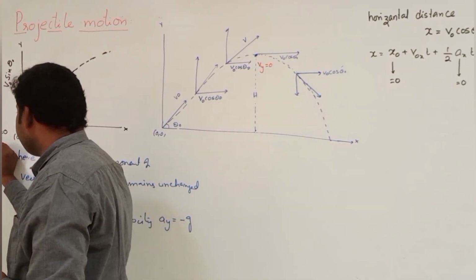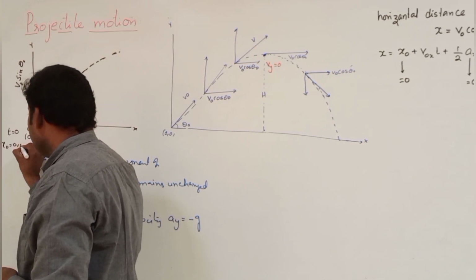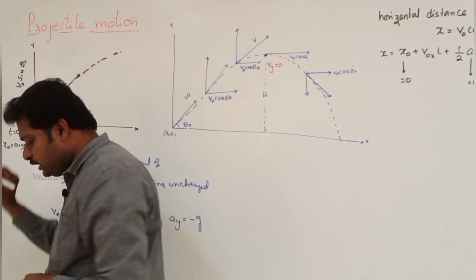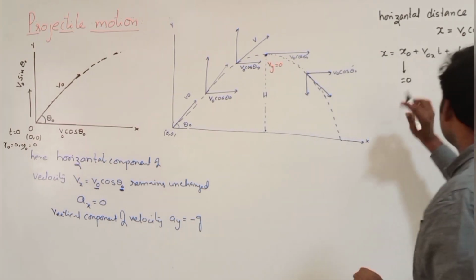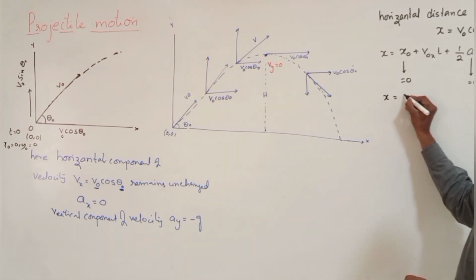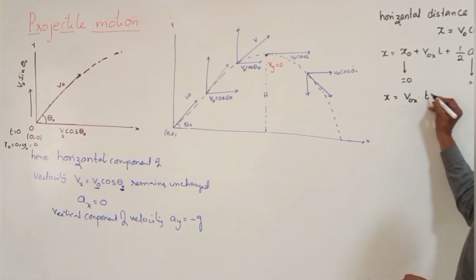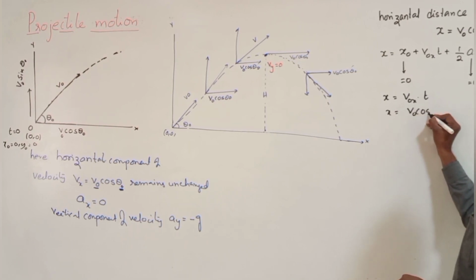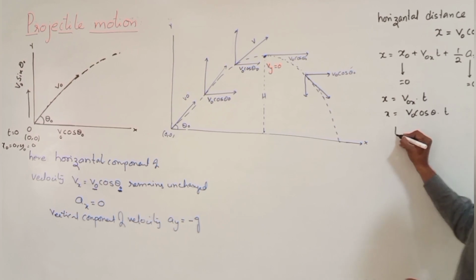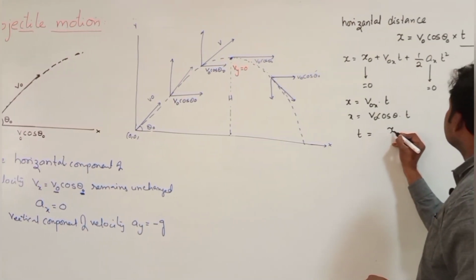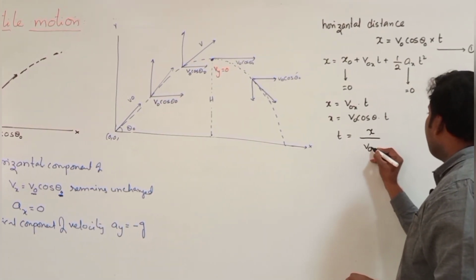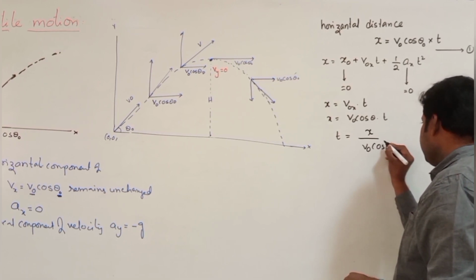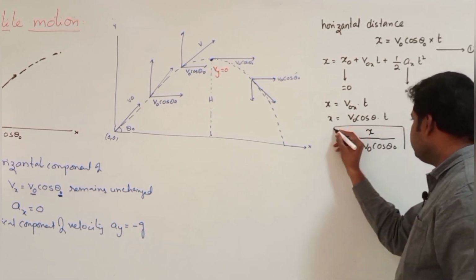So I am writing x naught equal to 0 and y naught equal to 0 here. The same can be applied, only we had observed it as v naught x into t, so v naught x is again v naught cos theta naught into t. So t is equal to x by v naught cos theta naught. Keep this aside, it will be useful to us.